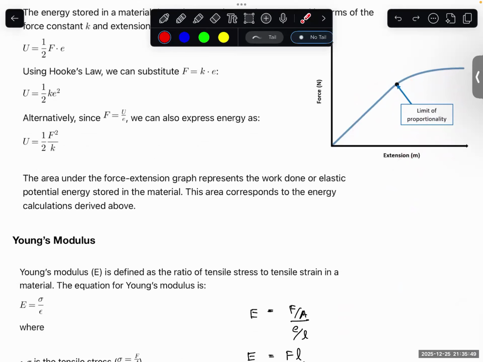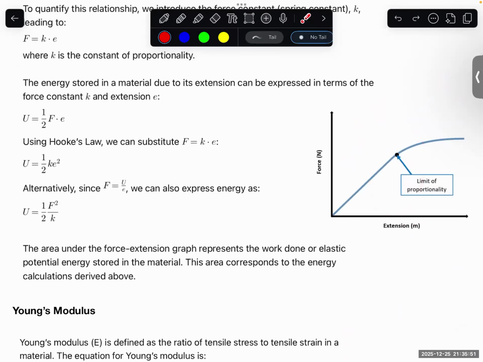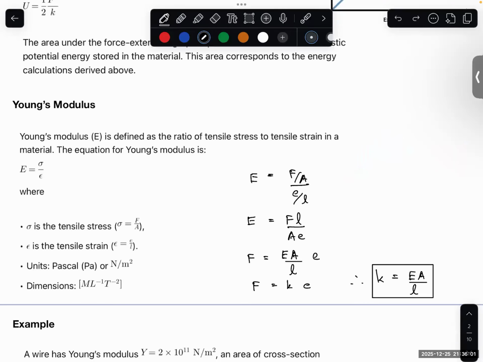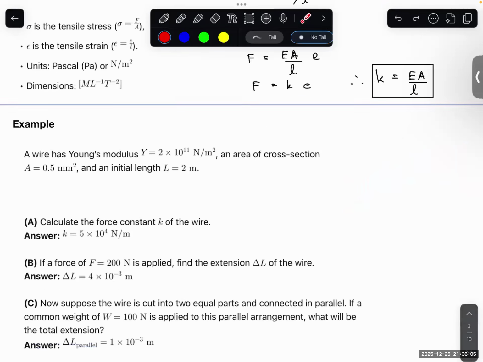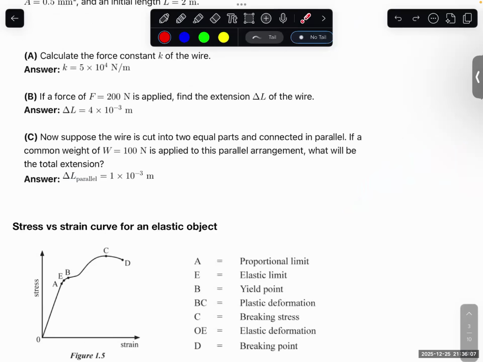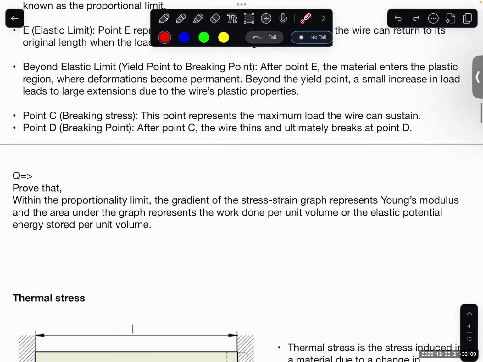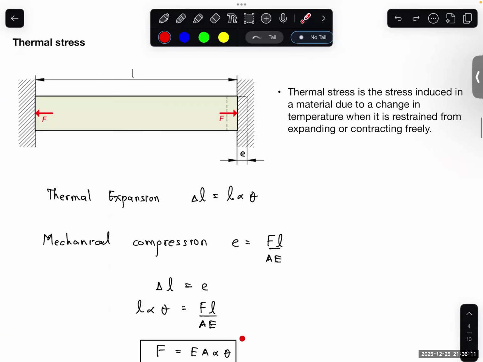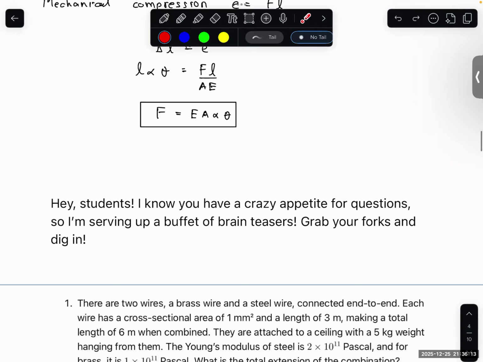And here I have drawn a graph. Here you have extension, here you have force. When you change the axes, remember the graph will be like this. And then I introduce Young's modulus, and I give you an example question. Then I explain this graph, and then I explain this thermal stress.